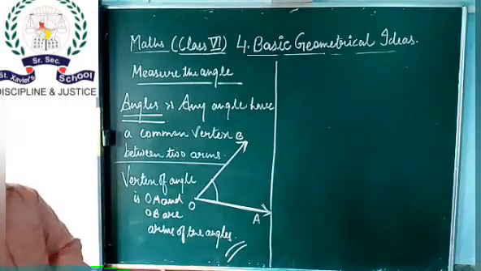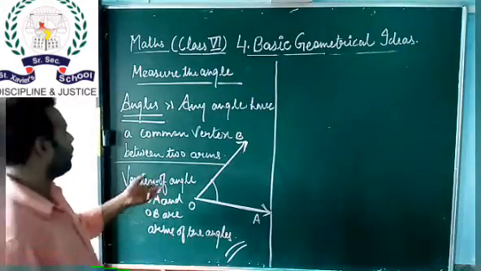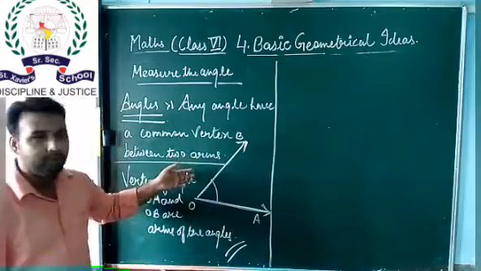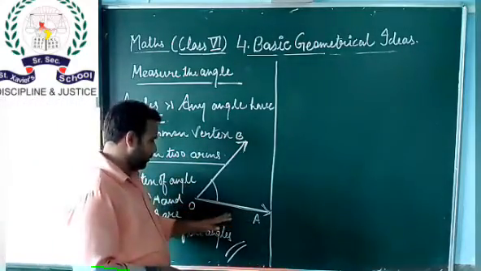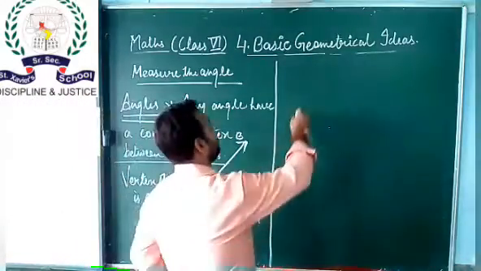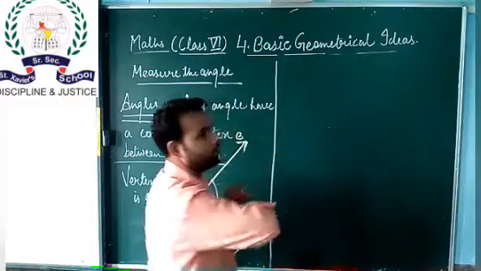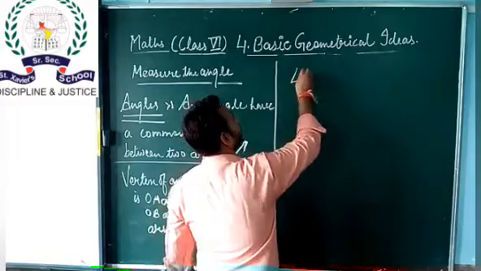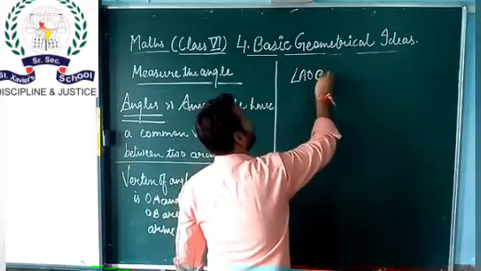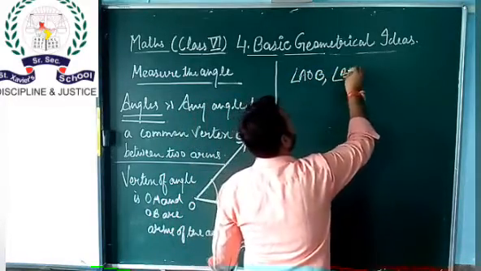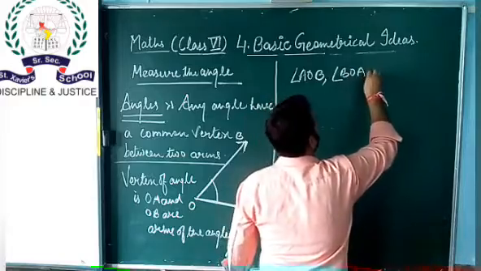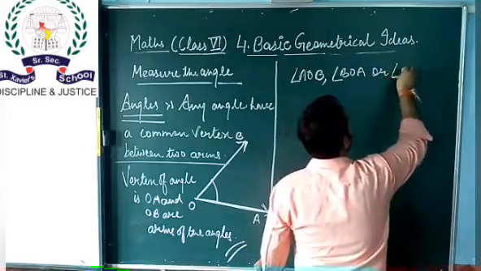So what is an angle? Any angle has a common vertex between two arms, and this is your angle. How do you represent or denote any angle? This angle is denoted by angle AOB or angle BOA or angle O.